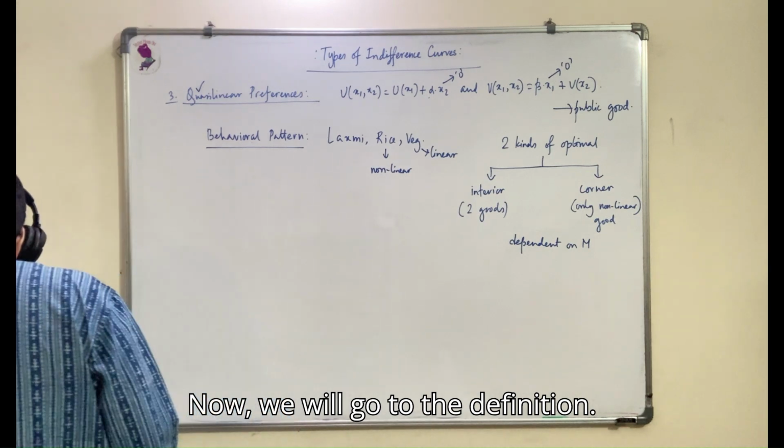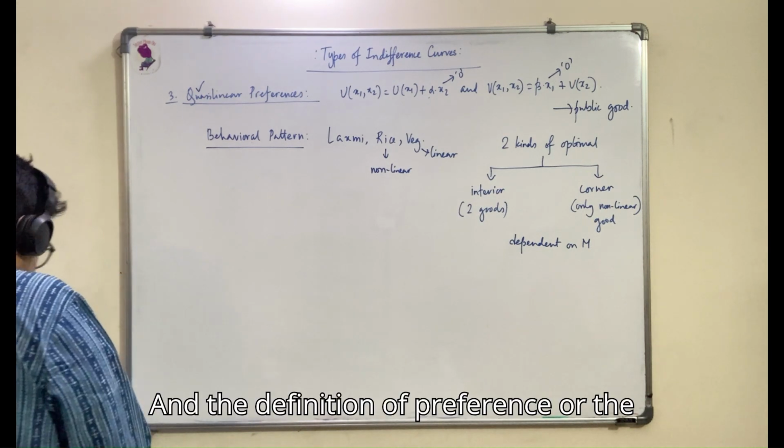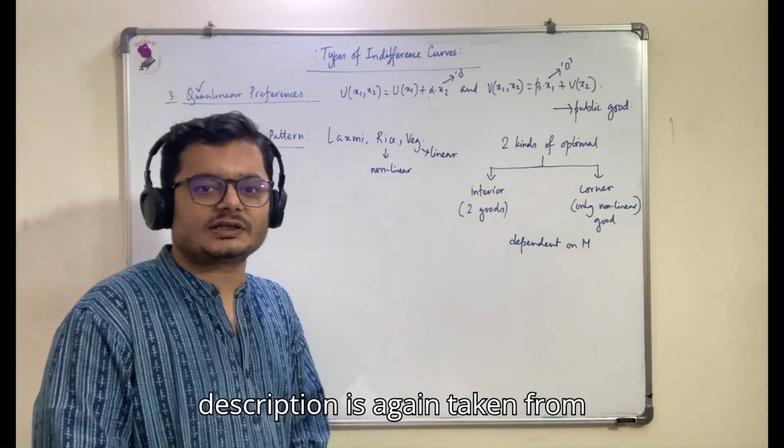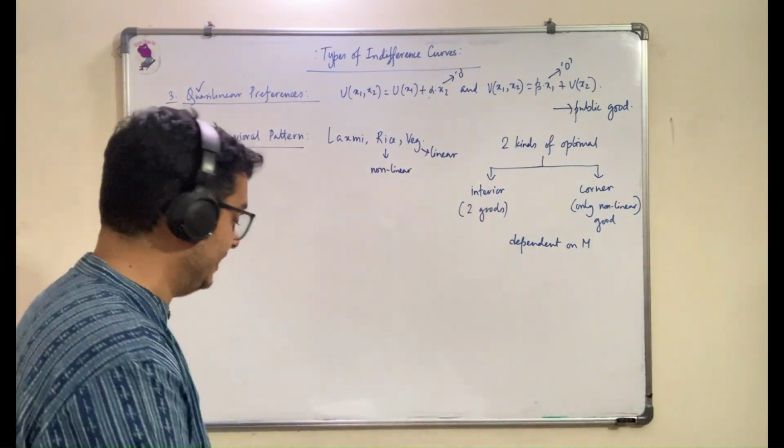Now we'll go to the definition, and the definition of the preference, or the description, is again taken from Mas-Colell.